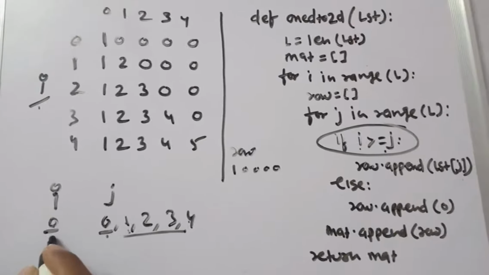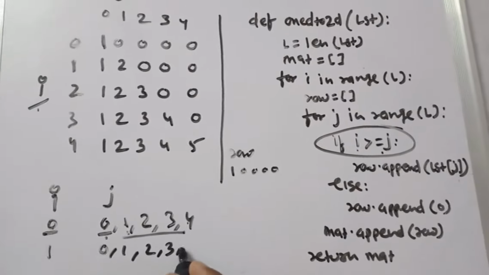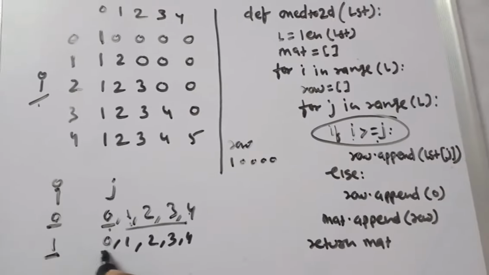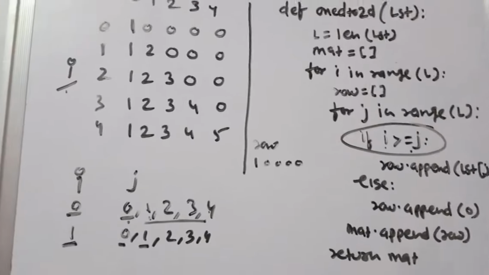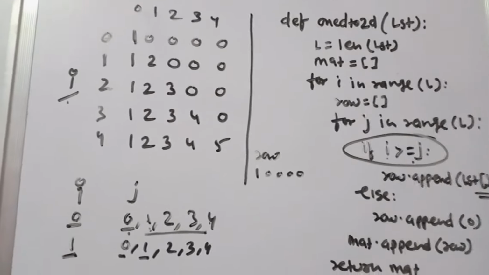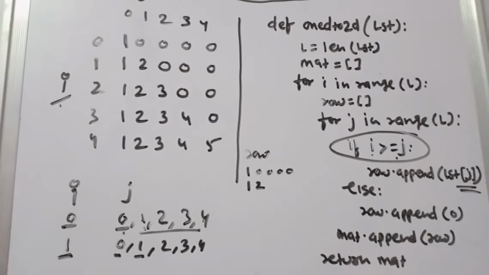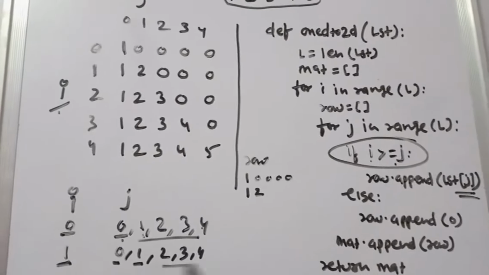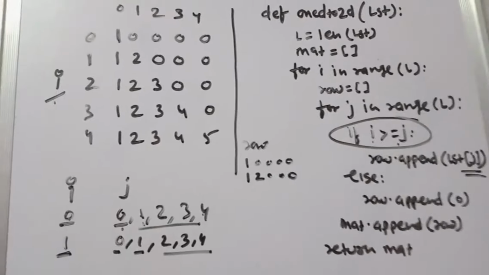In the second case, when the value of I becomes 1, J will rotate again 5 times. Here in this case, I is greater than 0 and equal to 1, so 2 values from the linear list will be transferred: 0, 1 and 2. In the rest 3 cases, the condition is false, so zeros will be placed.